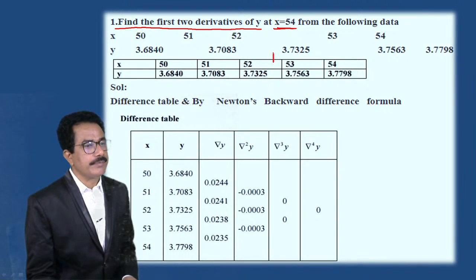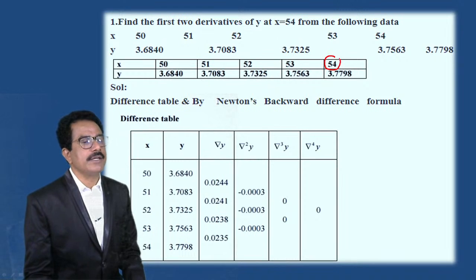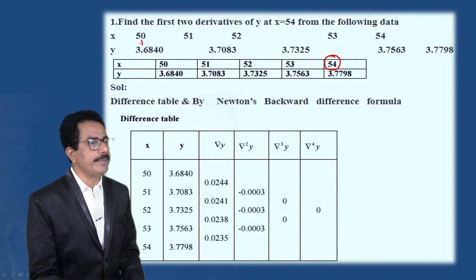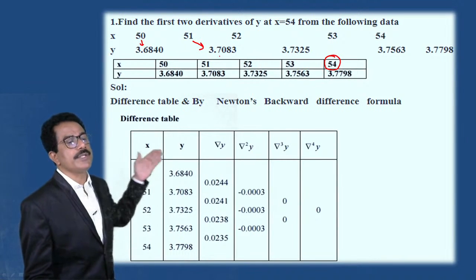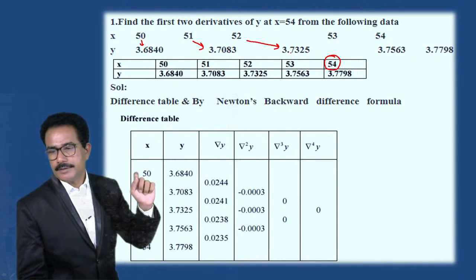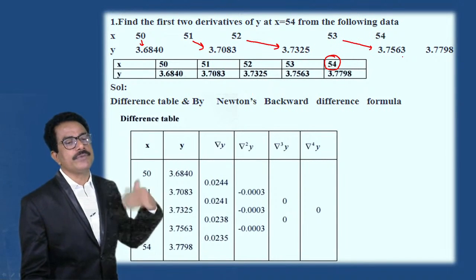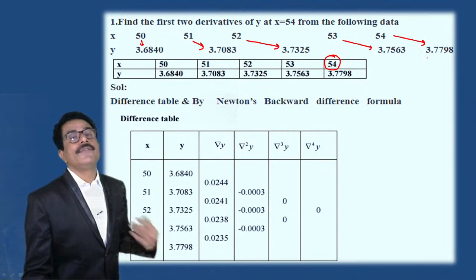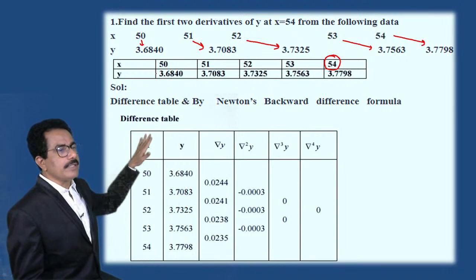Then we have to find the first and second order derivative at x is equal to 52 by the given data. f of 50 is equal to 3.6840, f of 51 is equal to 3.7083, f of 52 is equal to 3.7325, f of 53 is equal to 3.7563, and lastly f of 54 is equal to 3.7798. Now we have to calculate this information.